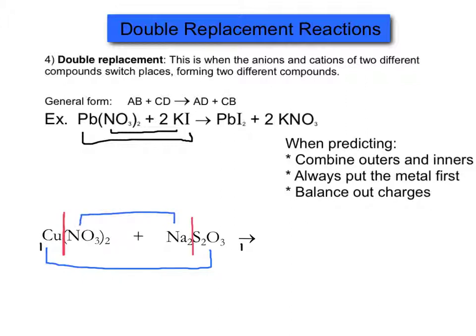So here are the two formulas. We have Cu, S2O3, and NaNO3. Now before we move on and start working on trying to balance it, we do have to check our formulas to make sure that we have balanced off the charges.